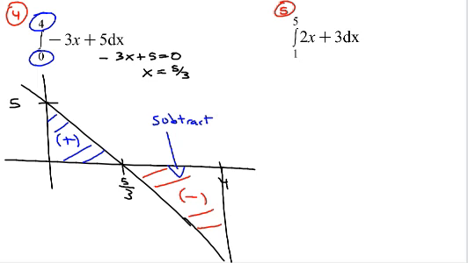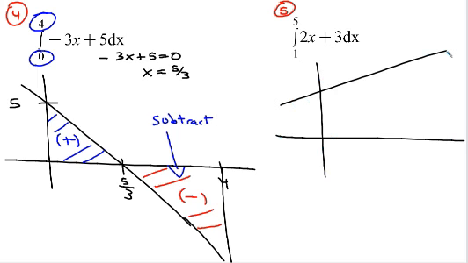On problem 5, once again, we need to be able to draw this function appropriately. This thing is a linear function going through 3. But we're only evaluating it from 1 to 5.